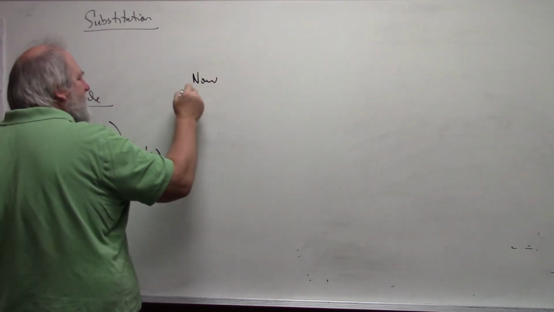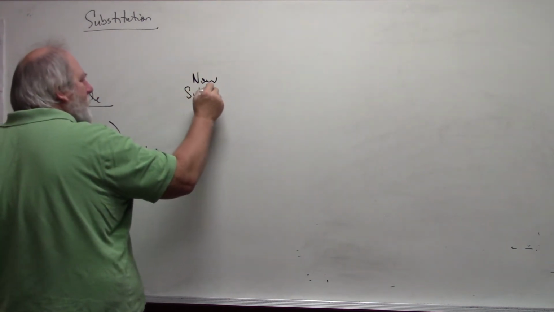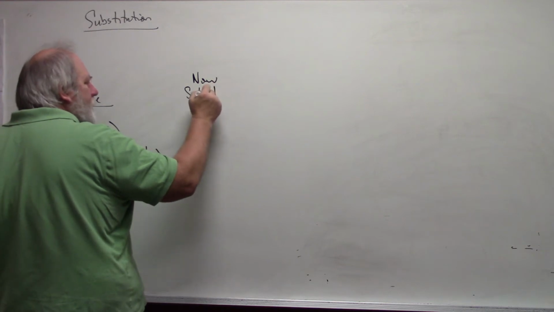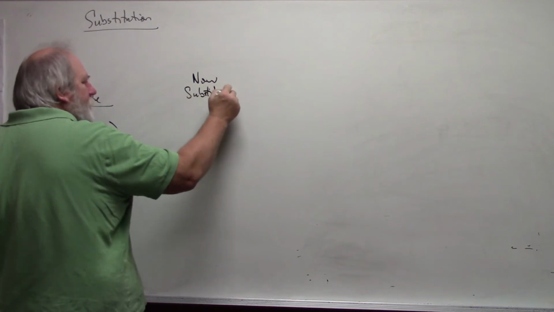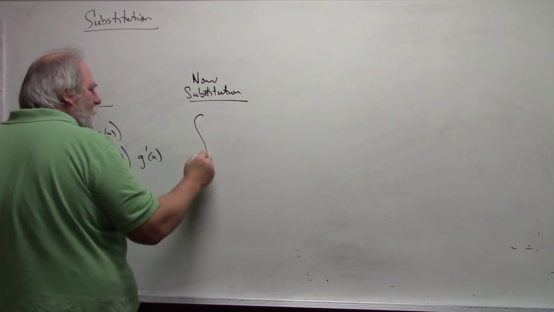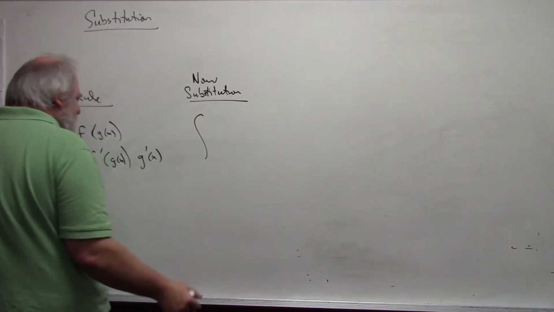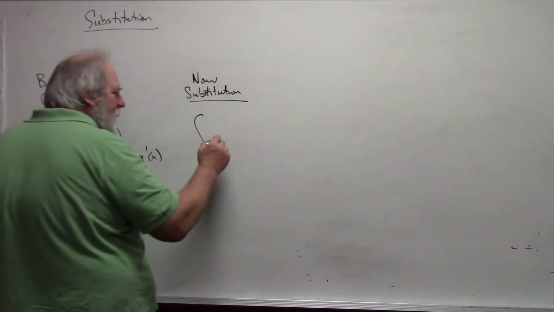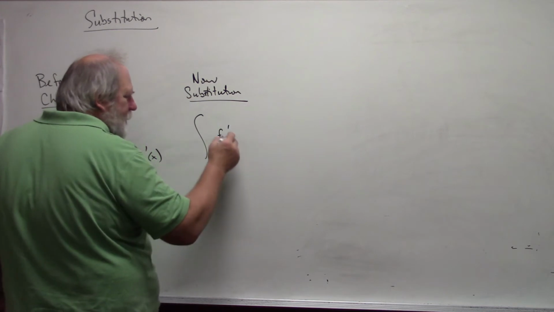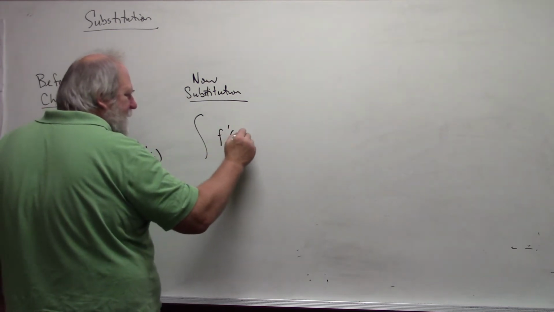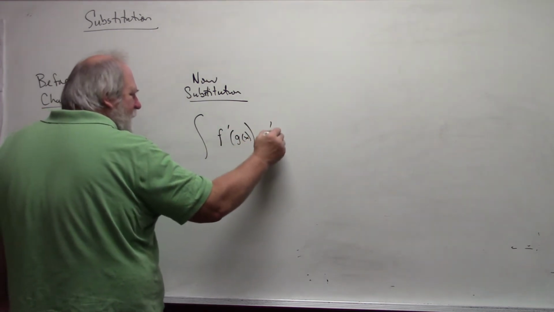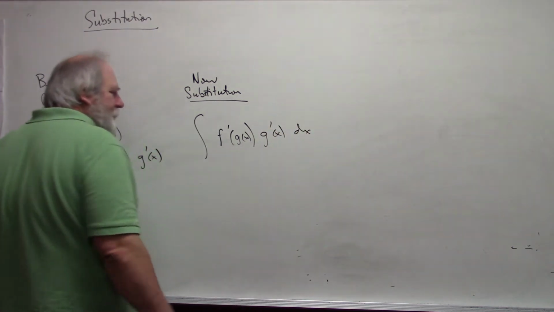Now, with substitution, we want the antiderivative of something of the form f prime of g of x times g prime of x dx.